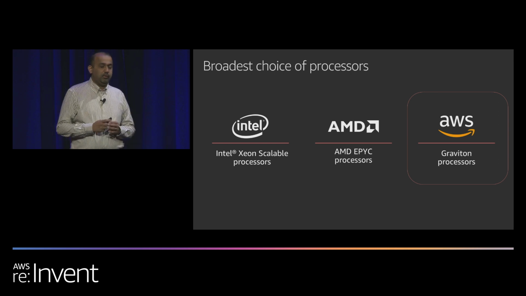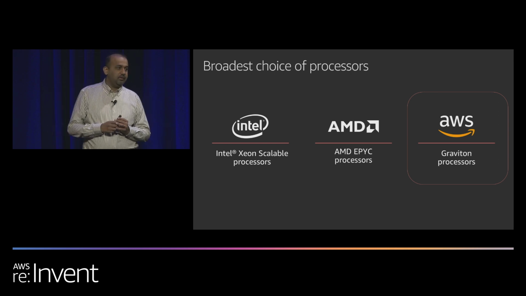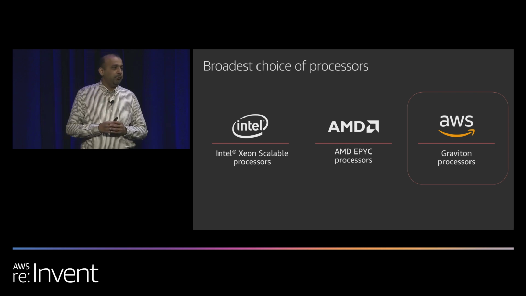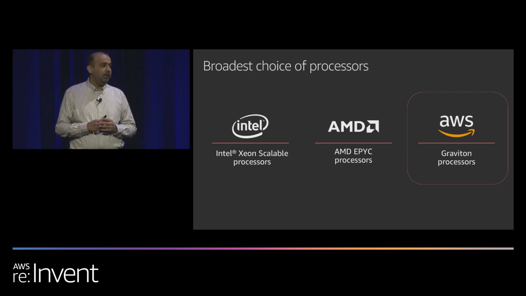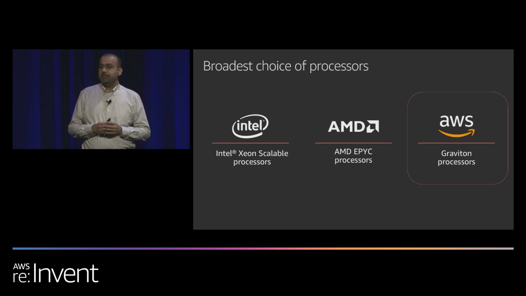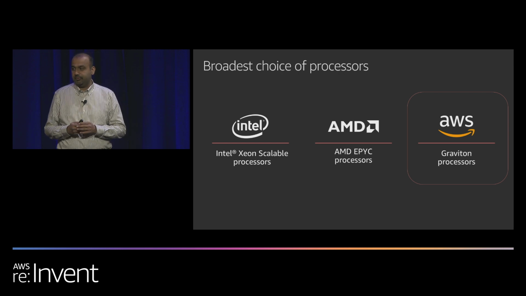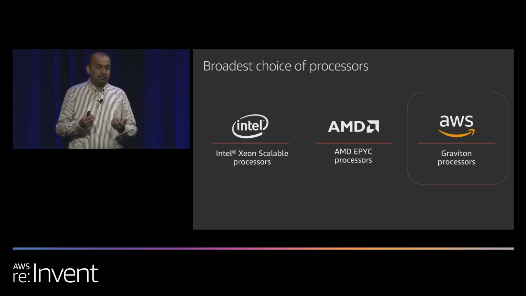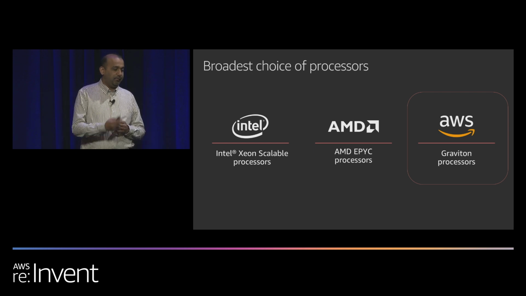And last year, we also announced instance types powered by AMD CPUs, mainly their EPYC processor line. Today, we have the M5, the R5, and the T3 instance families that are powered by AMD CPUs. And we've also signaled our commitment to use the next generation of AMD Rome CPUs with our C instance families. And finally, at reInvent last year, we also announced that AWS is building its own CPU, the Graviton processor.